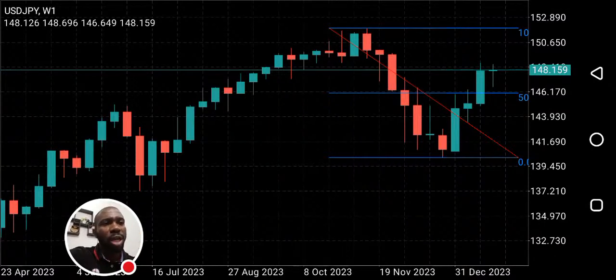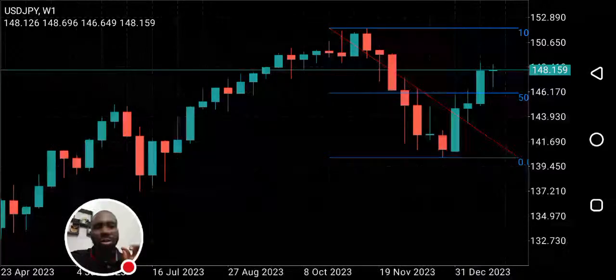It's possible price will go to discount before it continues with its bullish move. So if you are considering buying, wait for price to pull back to discount before you buy. That is my take on USD JPY, going by the weekly candlestick formation.